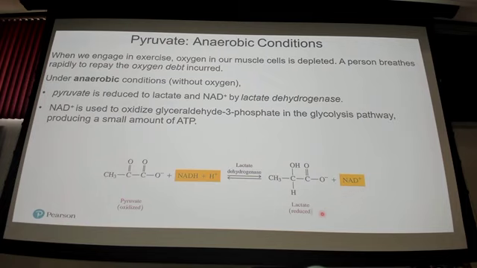So basically, under aerobic conditions, pyruvate is converted to acetyl-CoA. Under anaerobic conditions, pyruvate is converted to lactate.